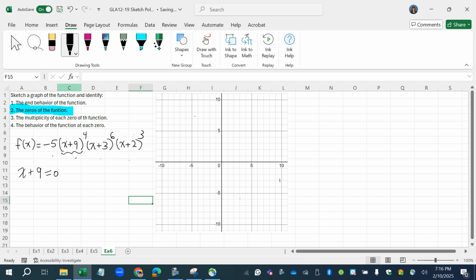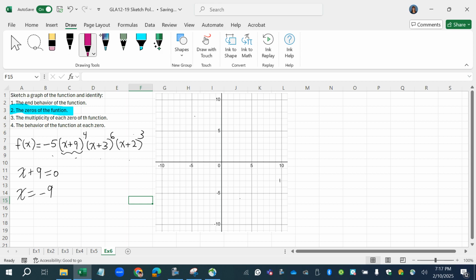All it takes is one factor of 0 to make the entire function zero out. So if I take the insides of each set of parentheses, set those equal to 0 and solve for x, I will have located all of the x-intercepts, or in other words, the zeros of the function.